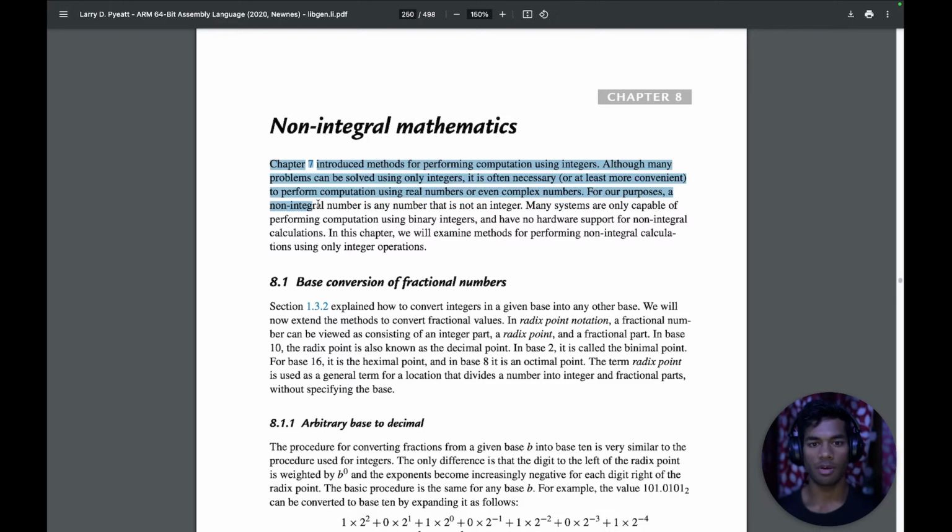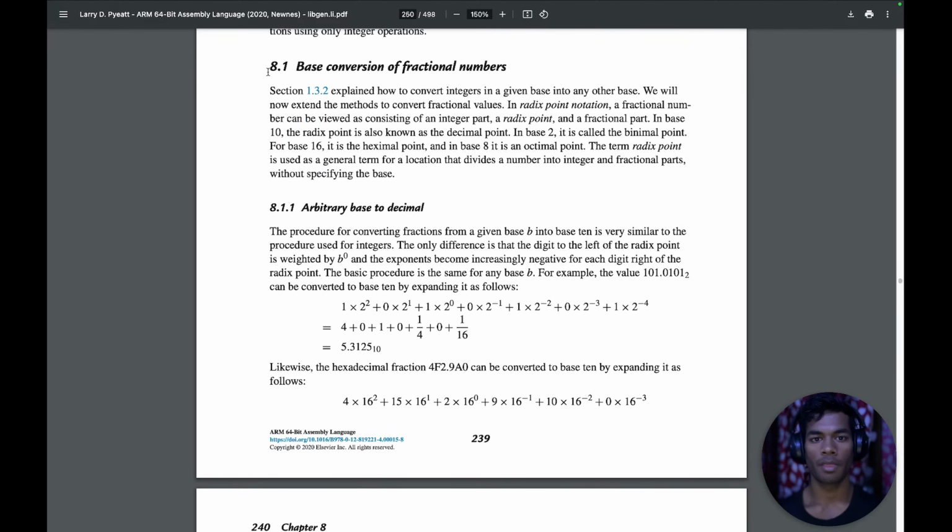For our purposes, a non-integral number is any number that is not an integer. Many systems are only capable of performing computation using binary integers and have no hardware support for non-integral computations. In this chapter, we will examine methods for performing non-integral calculations using only integer operations.